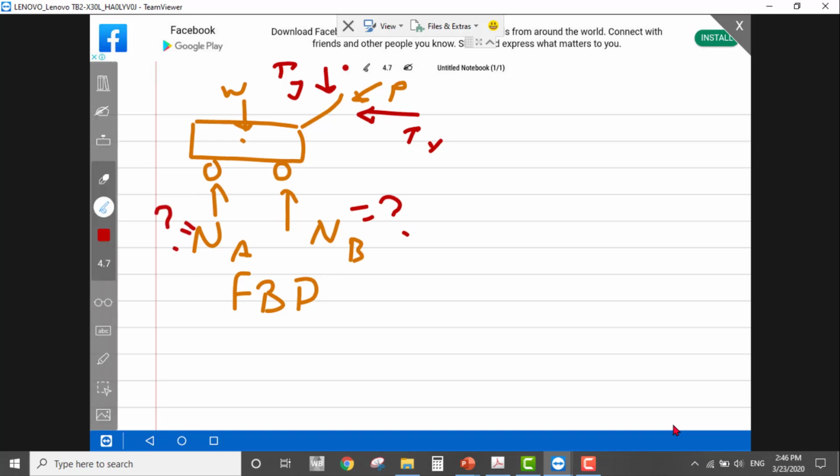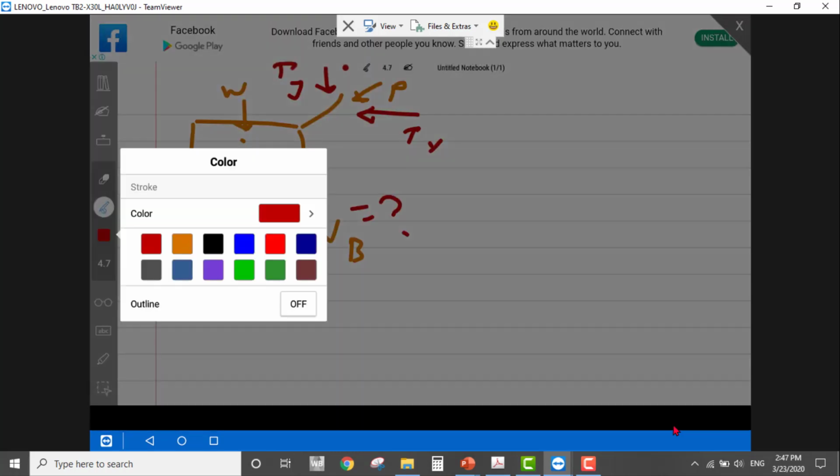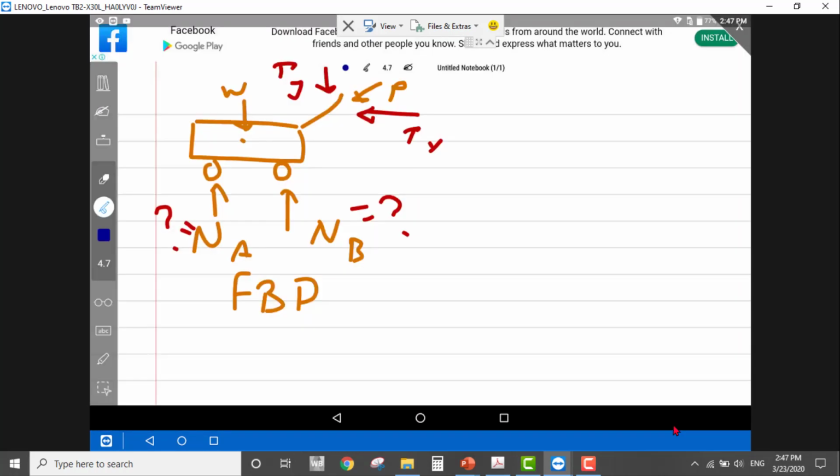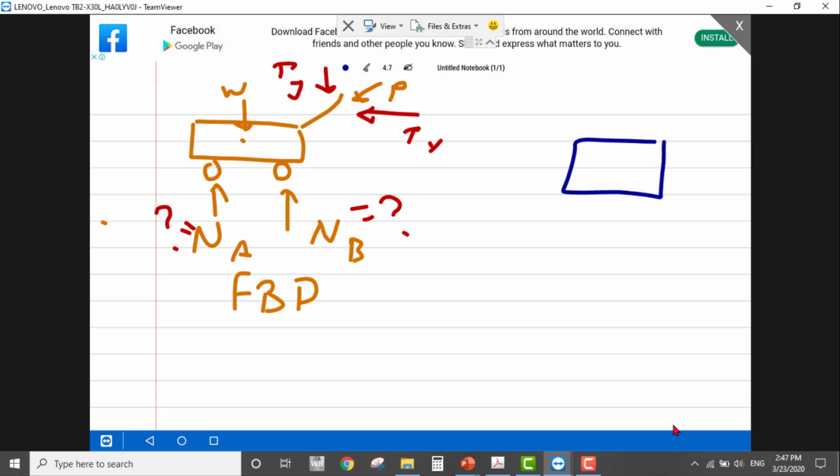Now the other diagram is the kinetic diagram. You can tell easily that this crate will accelerate in the negative x direction.